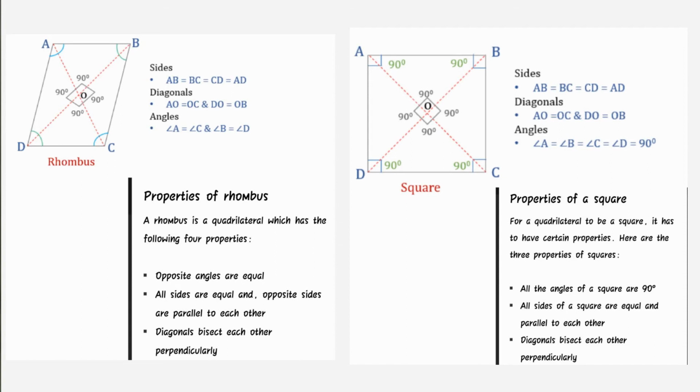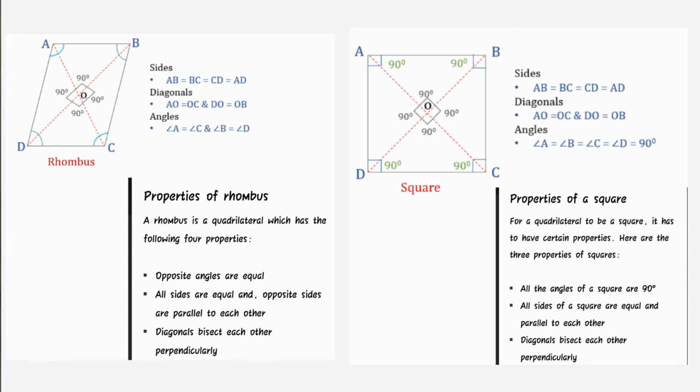So let's understand this with an example. Let's say we found the four sides of a figure to be equal. Now we have to understand that we cannot blindly say that it's definitely a square, because if four sides are equal, it may very well be a square or it may be a rhombus.